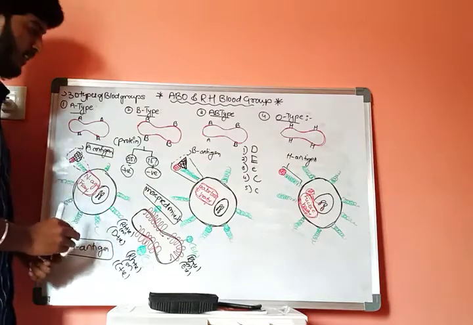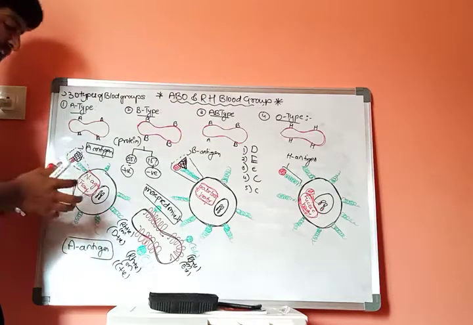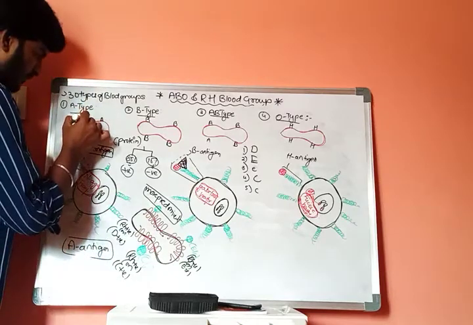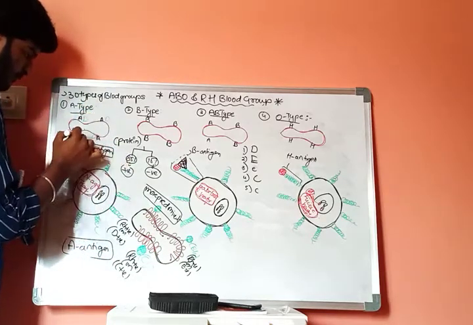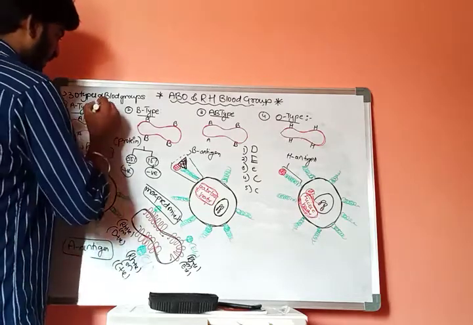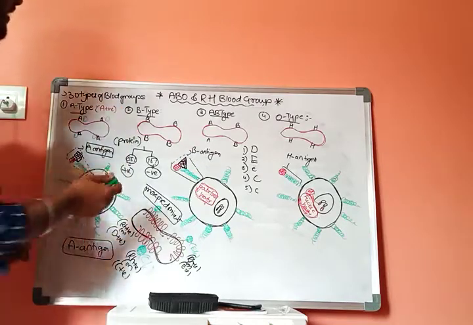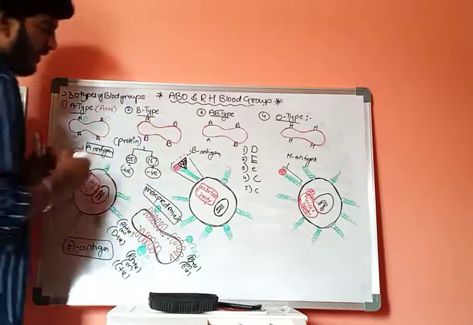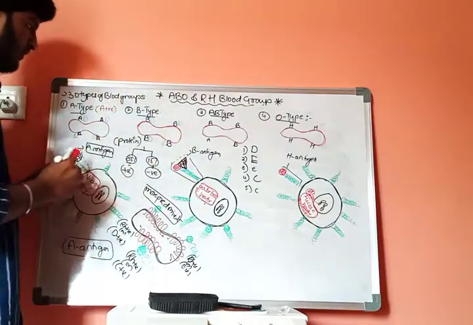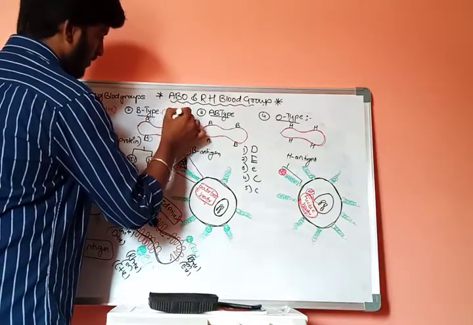When we compare the ABO and Rh types of antigen, whenever the A type of blood group contains the special antigen, that is the D type of antigen, this type of blood group is called A positive blood. Whenever the B type of blood group contains the D antigen, it is called B positive.